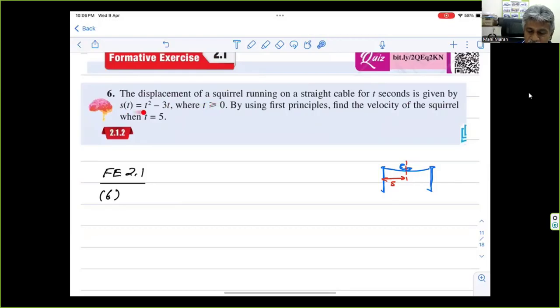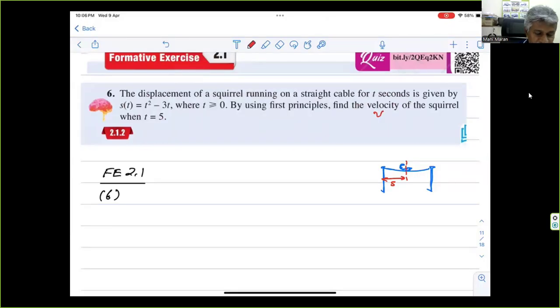You are given this function. So this s is actually your displacement, and displacement is given by s. By using first principle, find the velocity of the squirrel when t is equal to 5. So you're asked to find what is velocity. So velocity is actually v, given the symbol v.